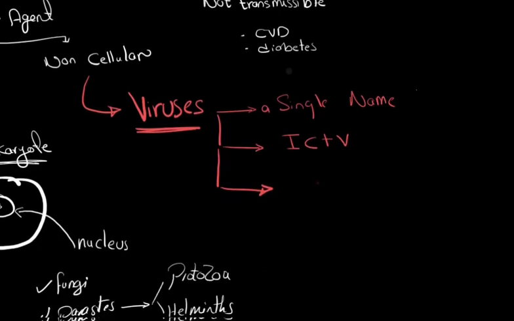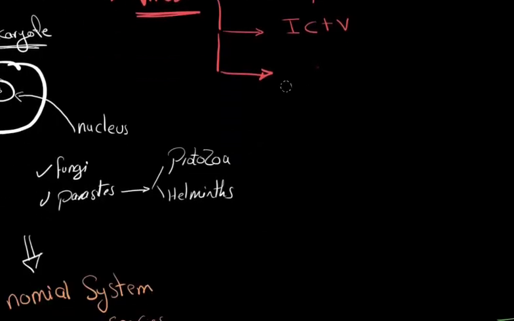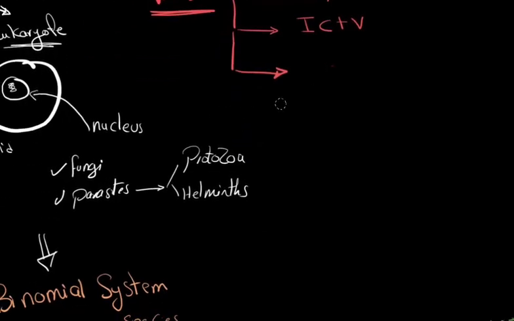So let's just take a couple of examples. Poliovirus. We're focused on viruses because the recent outbreaks, Zika, Ebola, avian flu, swine flu, SARS, MERS, are all caused by viruses actually. So, here are the examples. Poliovirus causes poliomyelitis disease.